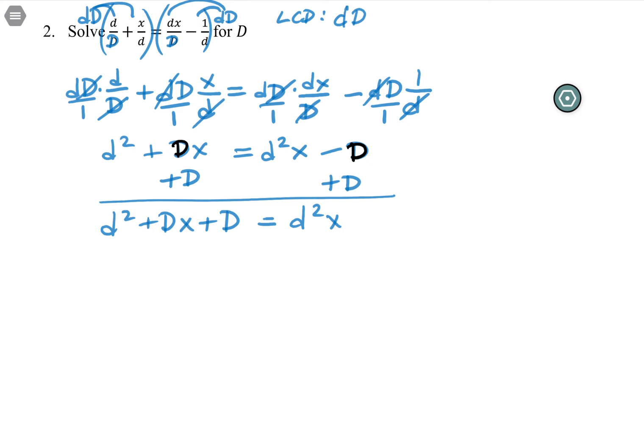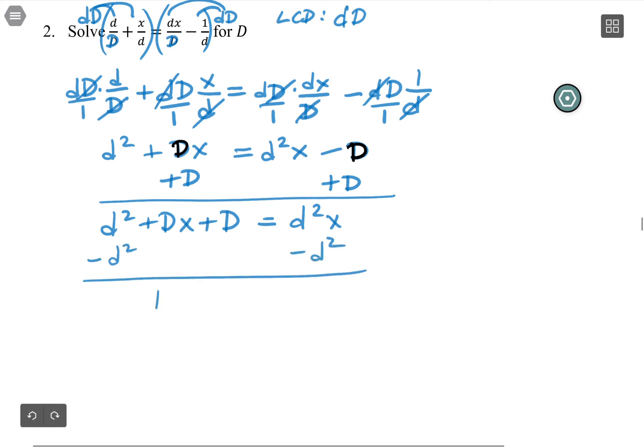So I can't combine them, so I am going to have to do that funny factoring step again. It's up to you whether you get rid of the little d squared first. I tend to do it just to get the d's as isolated as possible. So I move that over: dx plus d, big Dx plus big D, d squared x minus d squared. Okay.